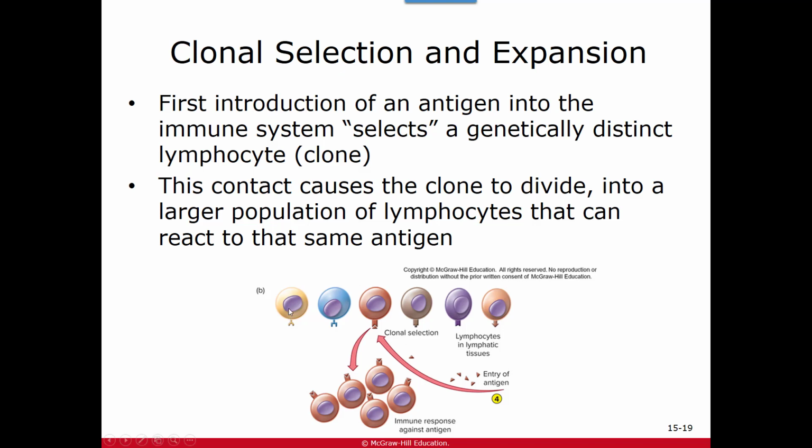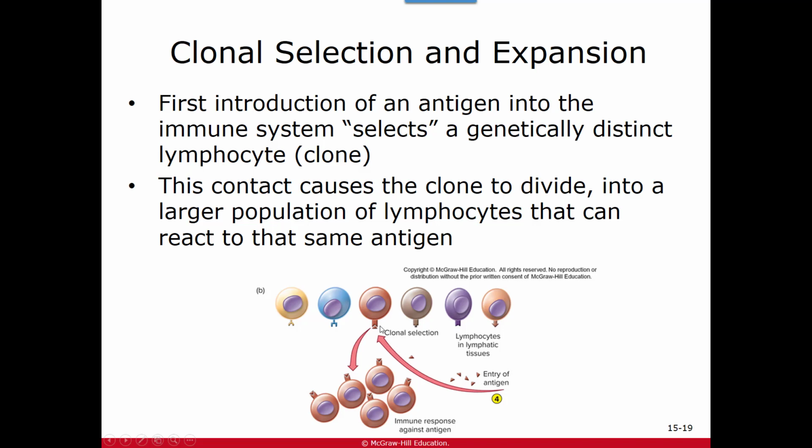So this is just showing a whole bunch of different cells. Again, each on the outside is going to have a receptor, and they are all looking for a foreign invader. The foreign invader is this little red triangle. Only one of these cells, out of the millions of cells and the millions of different receptors, is specific for this particular antigen.